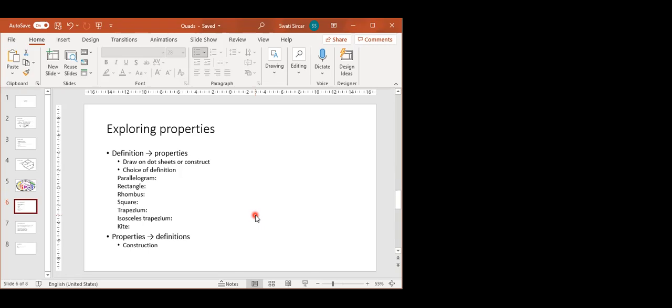You do that with construction, and then you cut it out, or through whatever means you try to check: are the opposite sides parallel? You can try to do a proof, or you can first explore and then try to prove. Okay, but the proof part should come in, especially at the 8-9 level. And you can do that with all the others also. Okay, so two steps.